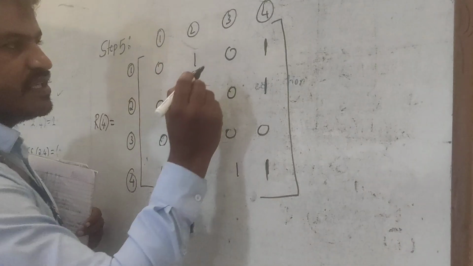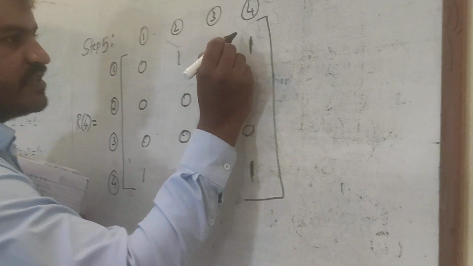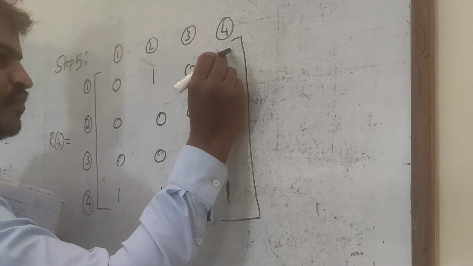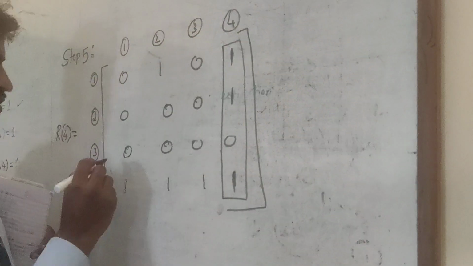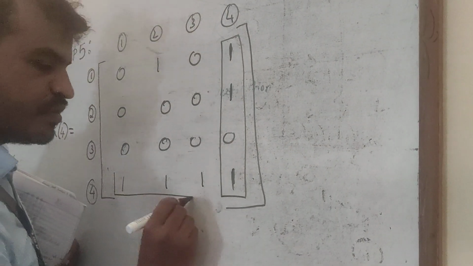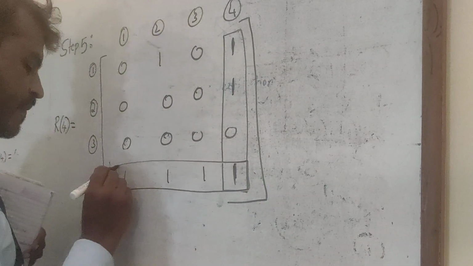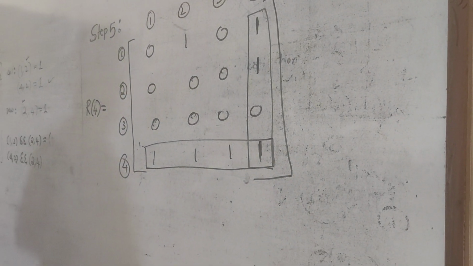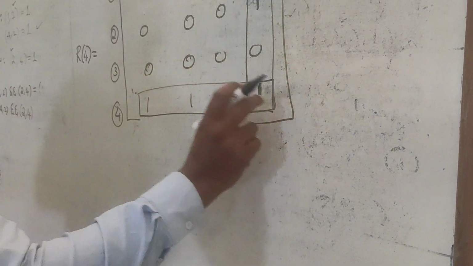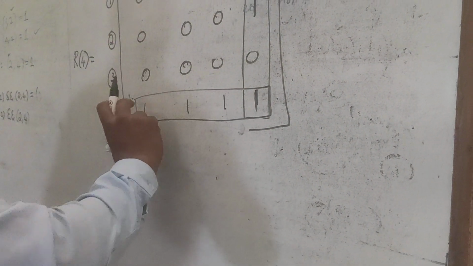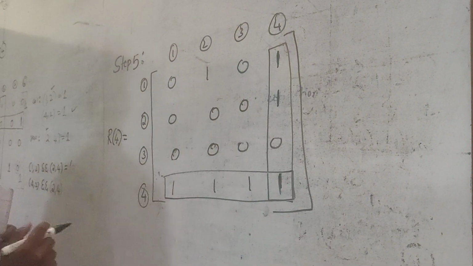Here I am selecting the 4th row, 4th column. Consider this: I select the 4th row and 4th column.